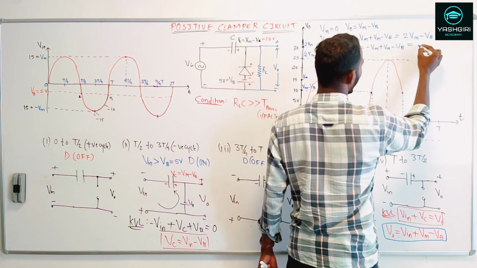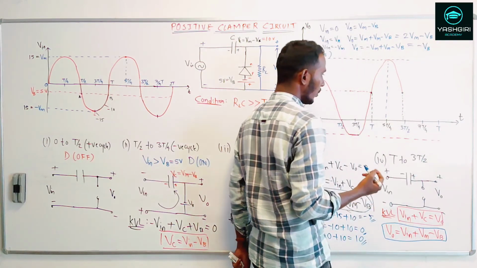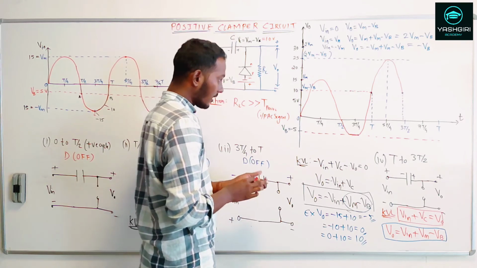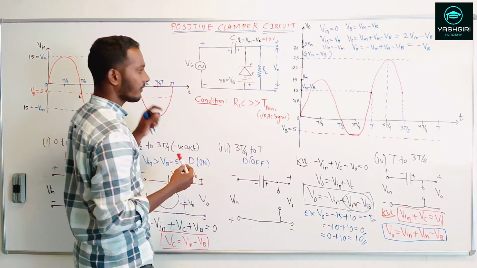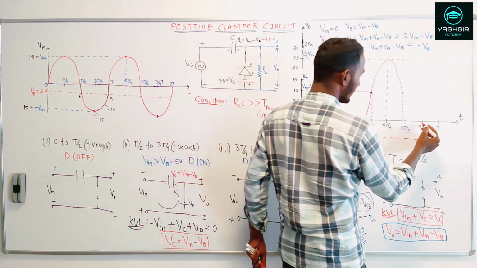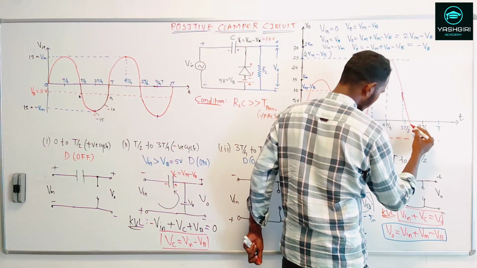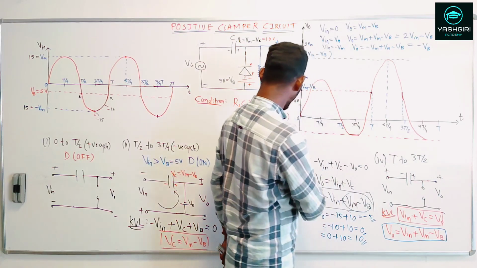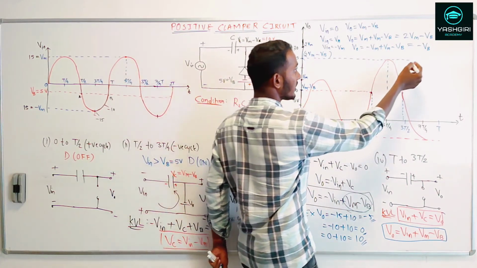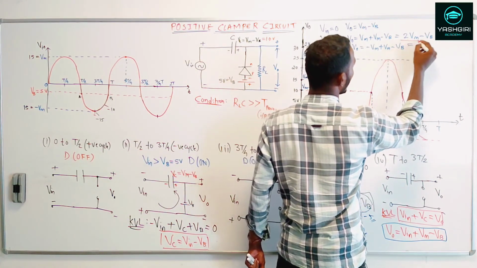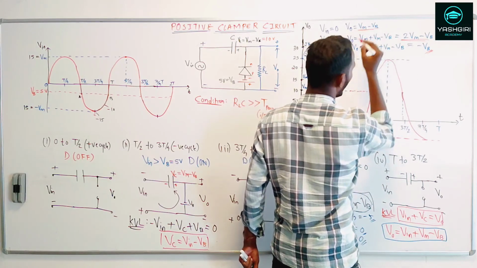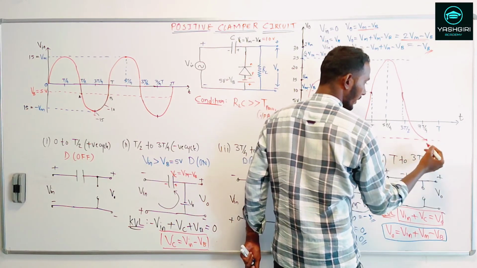So finally you get minus Vb, which is exactly the same. So at 7T by 4, the output is at minus Vb, equal to 5 volts. So this is the answer.